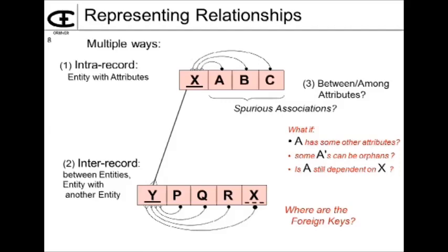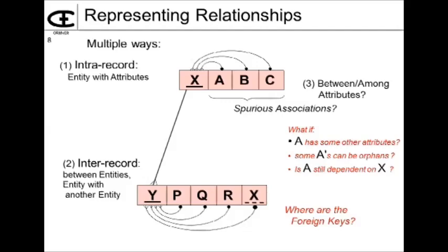What if A is still dependent upon X? Could I have A with a bunch of attributes and still have A dependent upon X? Is it functionally dependent upon X? Yeah. Except that it's not really dependent. Only those that are in with X are dependent.